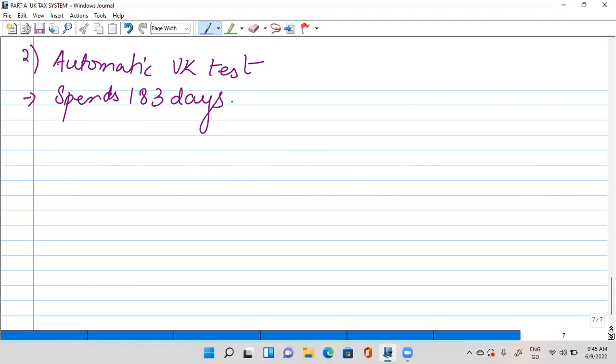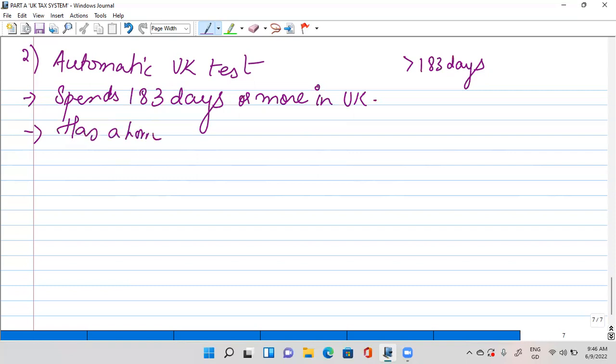He spends 183 days or more, so the first condition is greater than 180 days, 183 days. He spends 183 days or more in the UK for that tax year, so he will be considered as a UK resident. The second condition says he has a home in the UK and no home overseas. So yes, he will be considered as a UK resident.